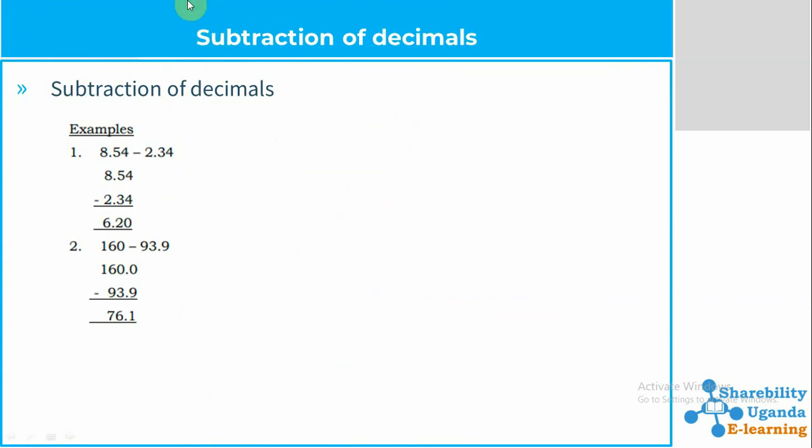Subtraction of decimals. We have a variety of examples here, and this is not so hard, as I've been making some operations of addition.